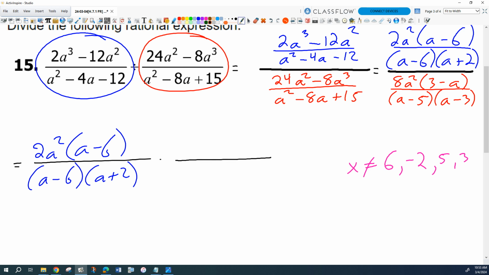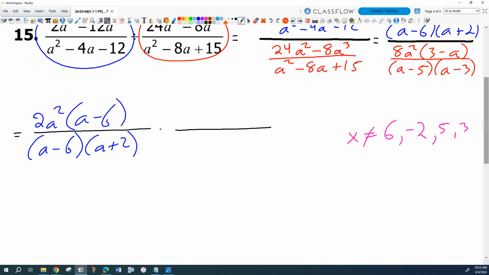Times the reciprocal of the red one. So what's going to go on top? Times a minus 3. Okay, on the bottom, a squared times quantity minus... Okay, so now what? What values do I have to add to my list?